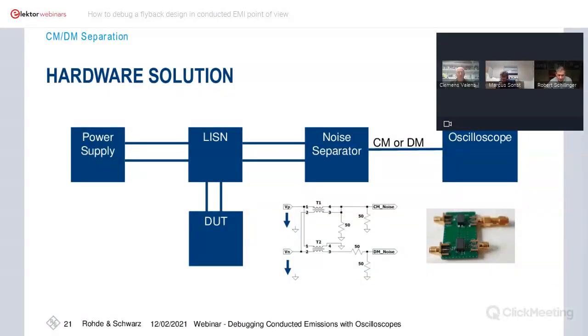I don't know what is the best name for this device. You have a lot of solutions for this, and an important thing, also shown by Marcus, is that you have a conductive plane below the whole system.